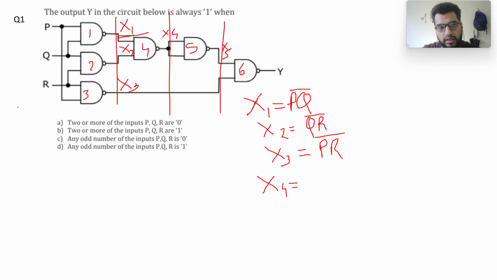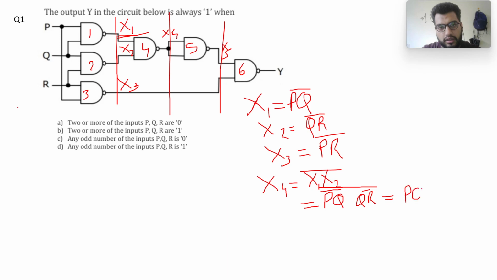This X4 is a NAND operation between X1 and X2, right? Now I'll plug these values here. So this is (PQ) complement, (QR) complement, and then it's the whole complement, right? So using which law? De Morgan's law. I'll just open it up.